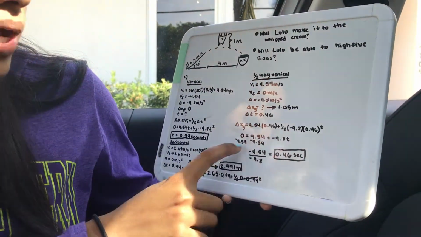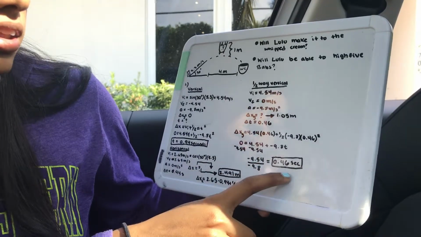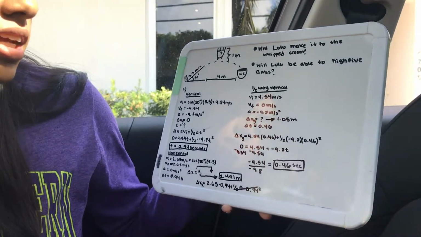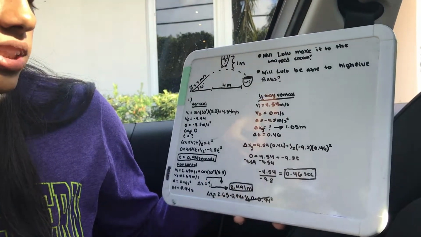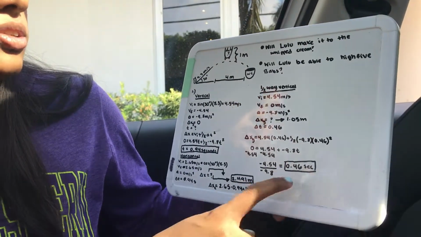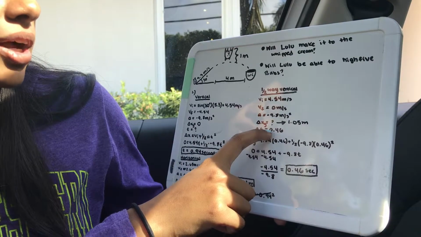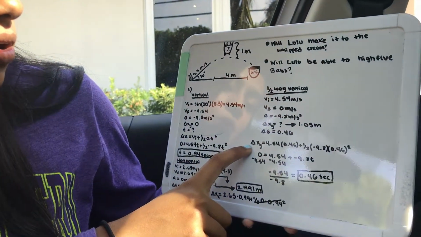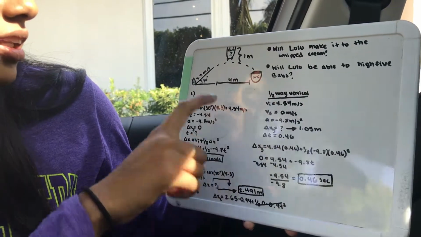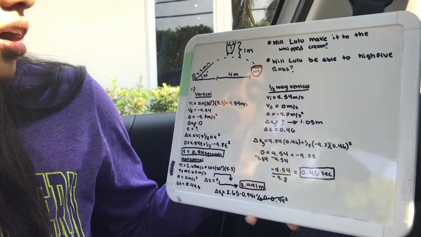By solving for time, we can calculate the time it takes for Lulu to go halfway, which is 0.46 seconds. Then we can use that time to solve for the vertical displacement that Lulu is going to do.